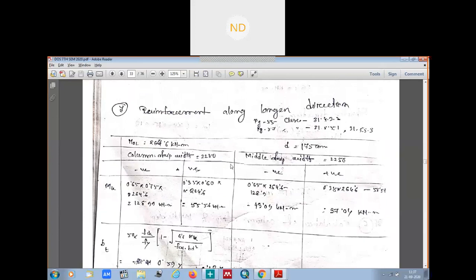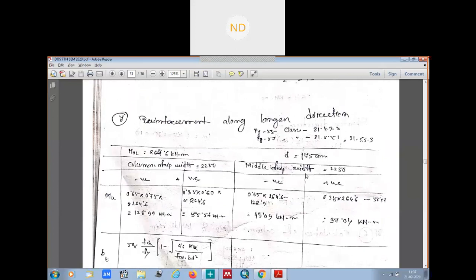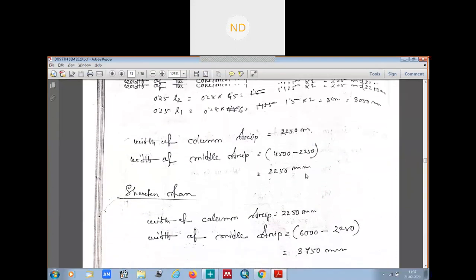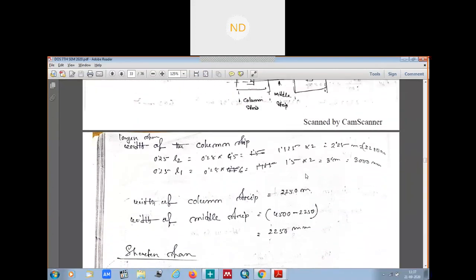So here we place this effective depth of the slab along the longer direction. We know the column strip width is 2250 for the longer direction, and the middle strip width is also 2250. Along the longer span, the width of the column strip is 2250, and it is 2250 along the middle strip also.